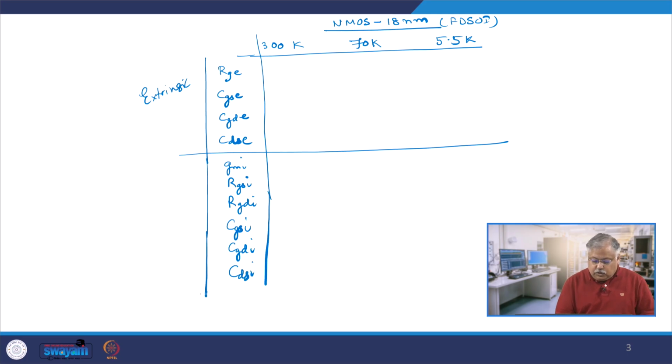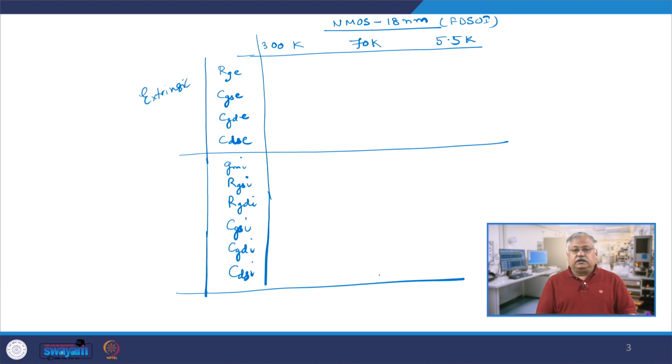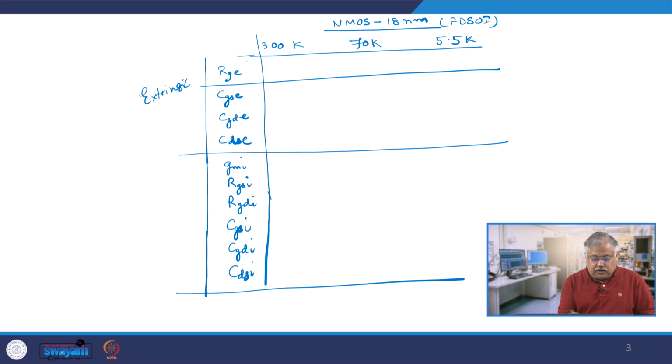Now let me give you a numerical value which has been extracted. It is taken from the same paper, Chakravarti et al., which I have already mentioned in the previous discussion. RGE, let me say the value is 338, and this is 285, and then this is 231, right? Let me come to CGSE.